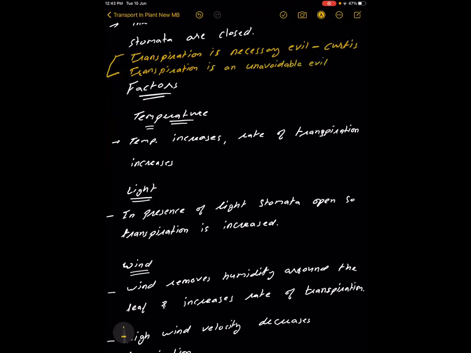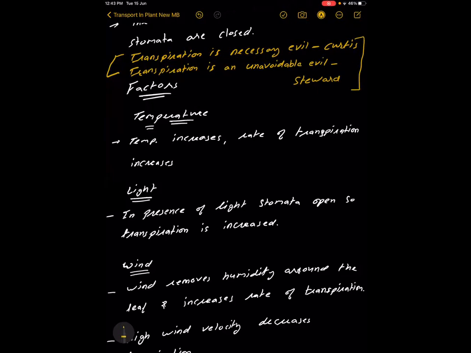Evil means it is a demerit. It is a bad character, but it is necessary to move water upwardly, and the plant cannot avoid this process.